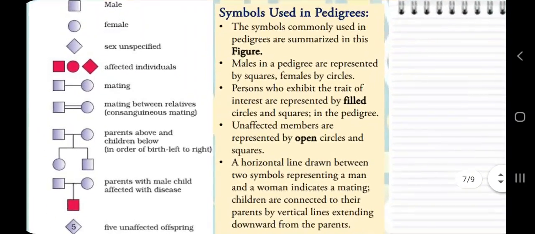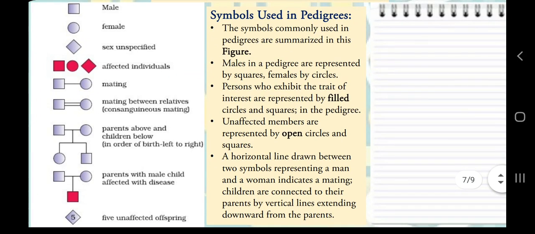So here we are with a few symbols used in pedigrees. You can simply have a look and see that a square represents a male, a circle a female, and a diamond is used when we do not know the sex of an individual in the recorded history.